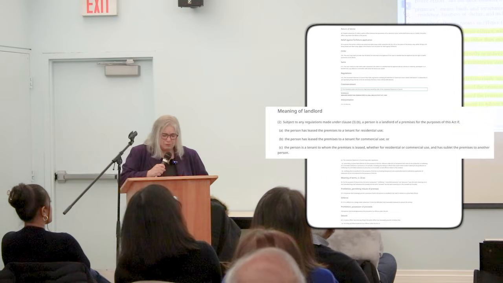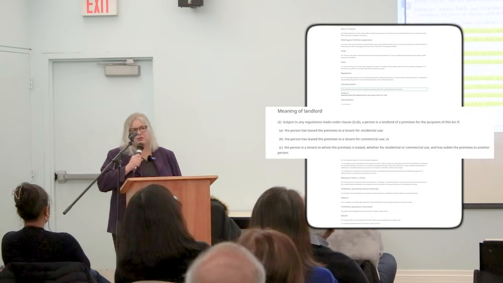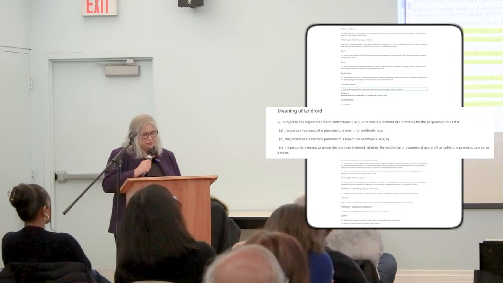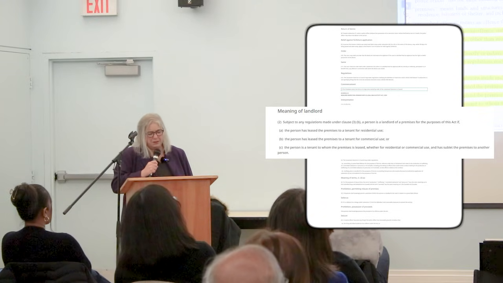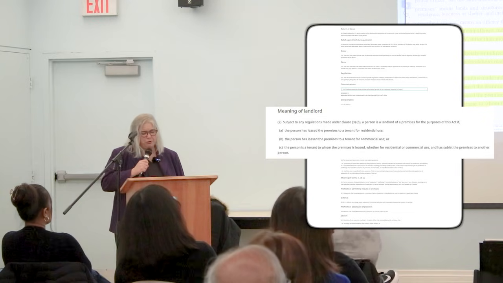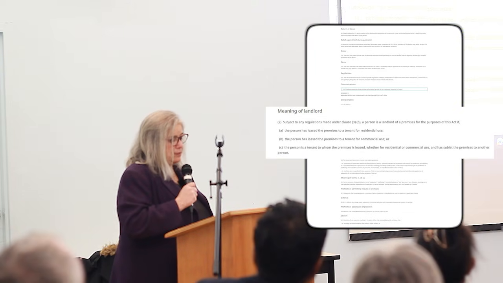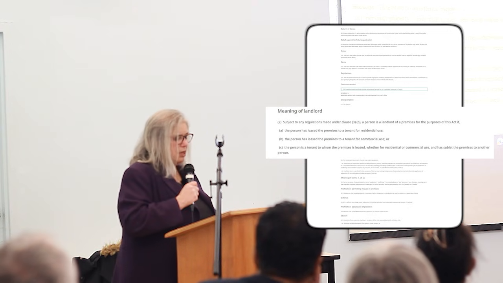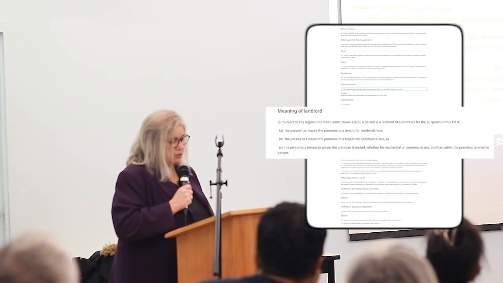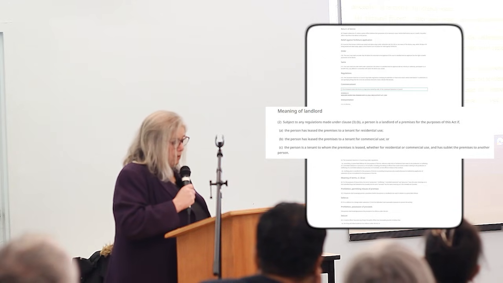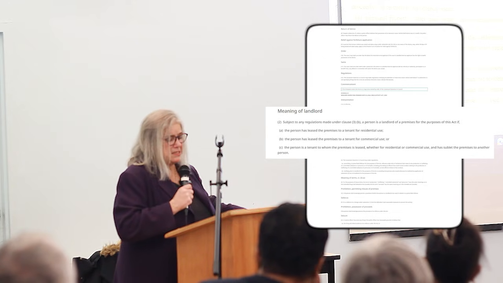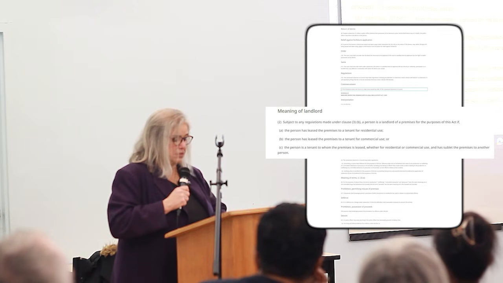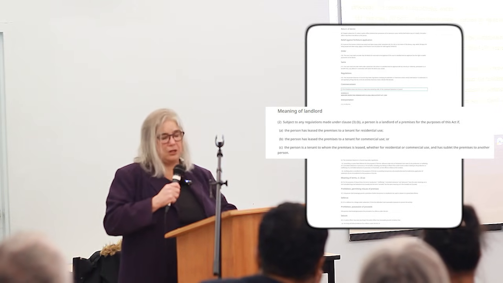The meaning of a landlord, this is in the definition section. It talks about, subject to any regulations made under clause 3 sub B, a person is a landlord of a premises for the purposes of the act if the person has leased the premises to a tenant for residential use, the person has leased the premises to a tenant for commercial use, or the person is a tenant to whom the premises is leased, whether for residential or commercial use, and has sublet the premises to another person.